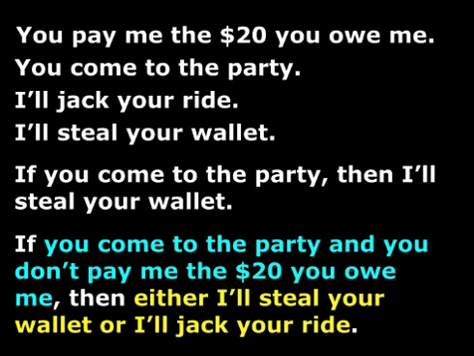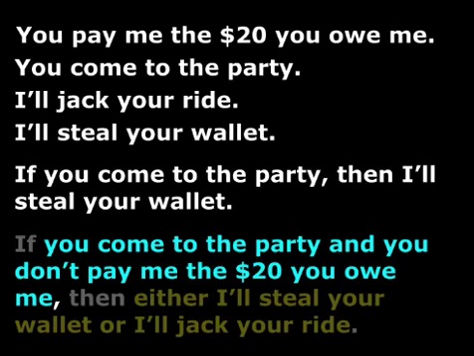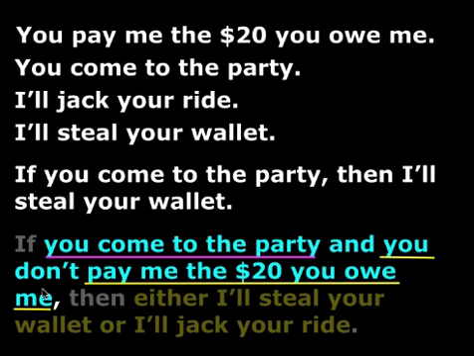And in fact, if we focus just on this part, here are the two components. You come to the party, you don't pay me the $20 you owe me. Actually, the second one here, underlined in yellow, it's also compound because it's a negation operator. So there's actually 3 layers of recursion here. We've got the first layer, this was negated.